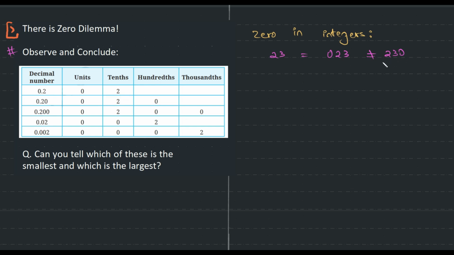More the number of zeros, bigger the number. But any zero before the integer does not matter. It has no influence, while this has influence.